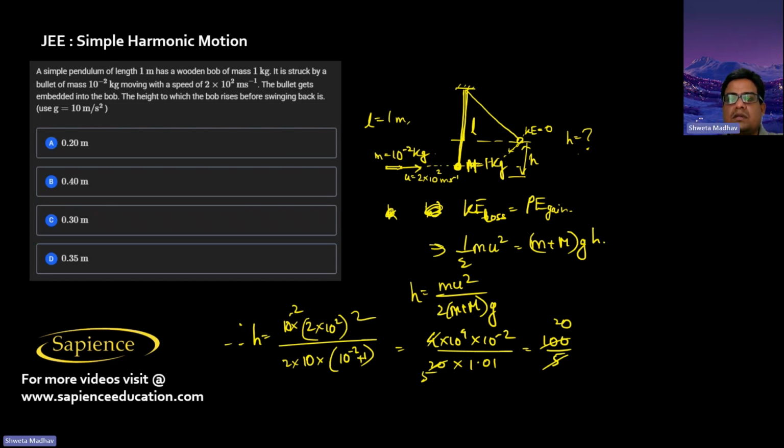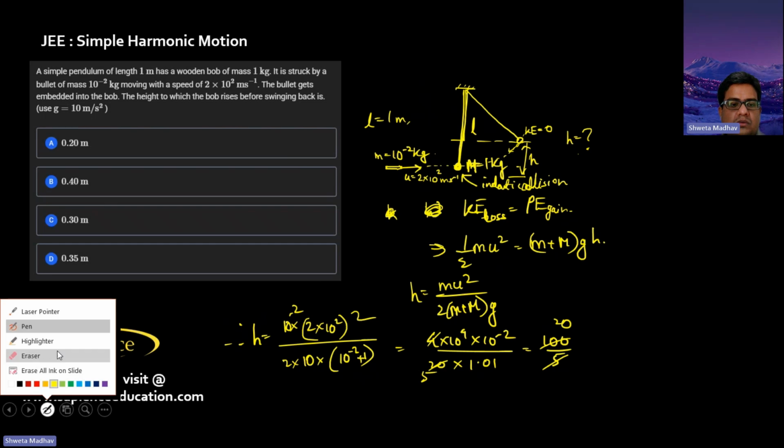Okay, but here we cannot conserve the energy, since there will be an energy loss during the collision, since it is a perfectly inelastic collision, since the bullet gets embedded into the bob.